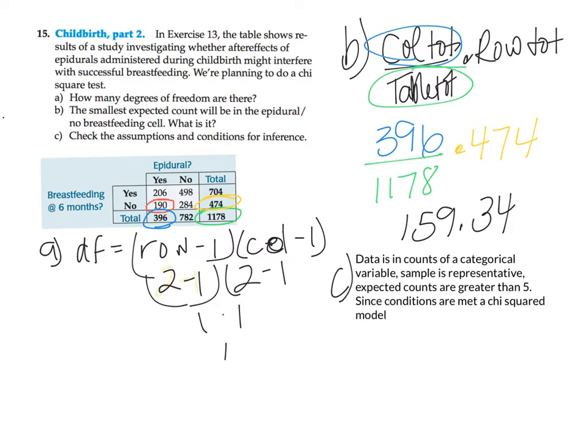Model is appropriate. Even if it tells you on an AP question to assume the conditions are met, you want to say since conditions are met and name the test. I will use a chi-squared test for independence.